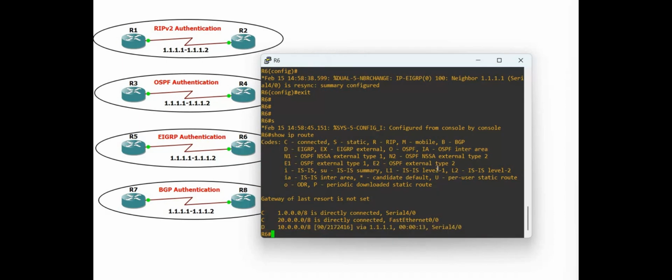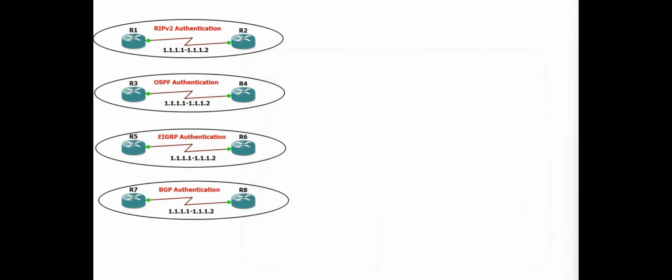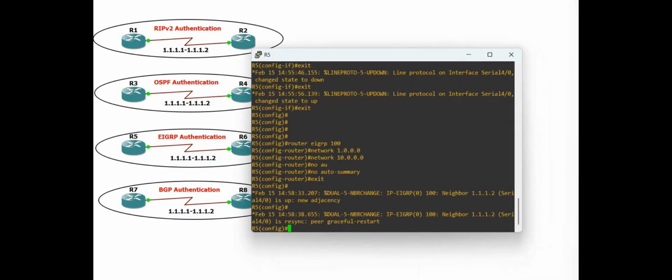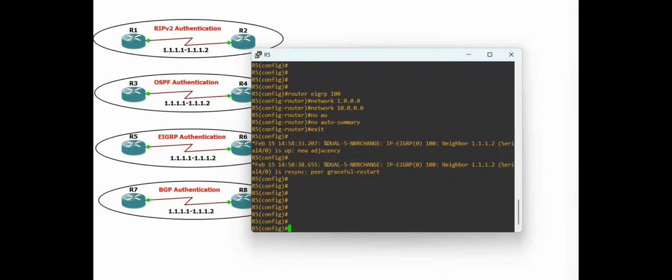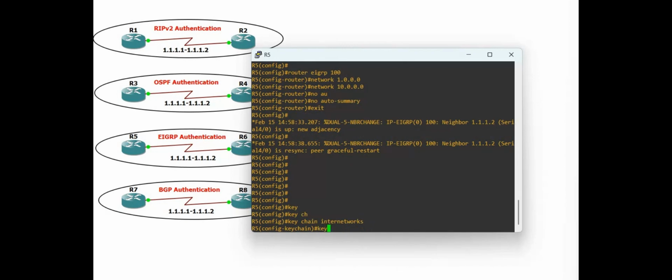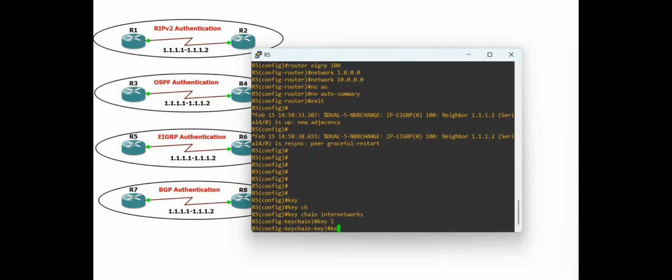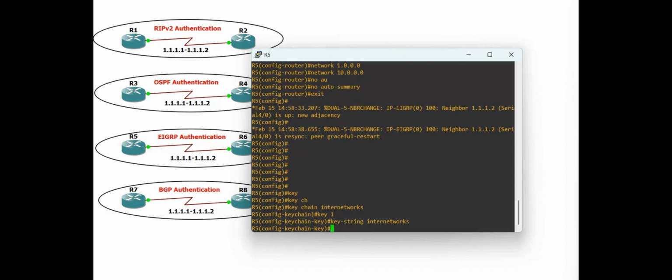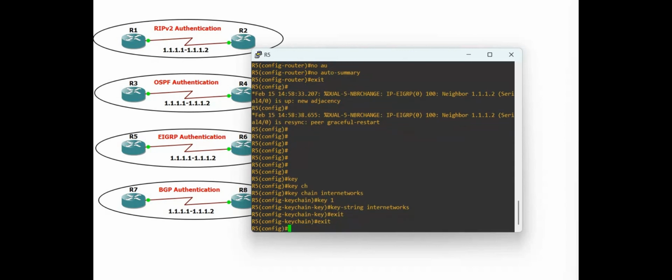Now let's configure the key chain, and we are going to apply this on the interface. Starting from router 5, first we need to configure the key chain. So key chain and the name, again I am using internetworks, key number 1 and key string internetworks. Exit.